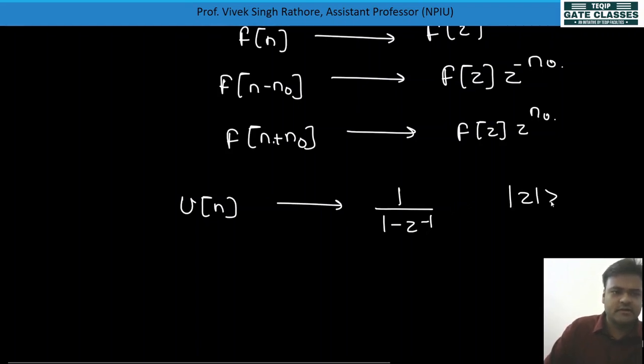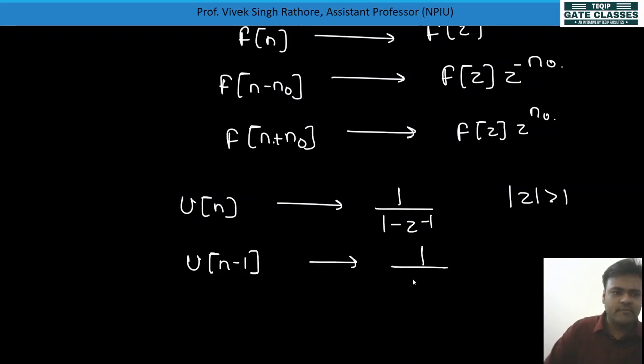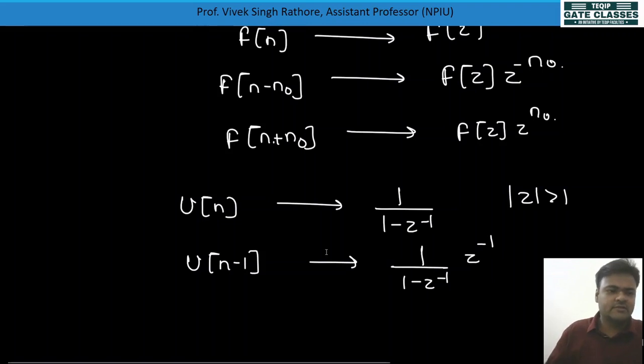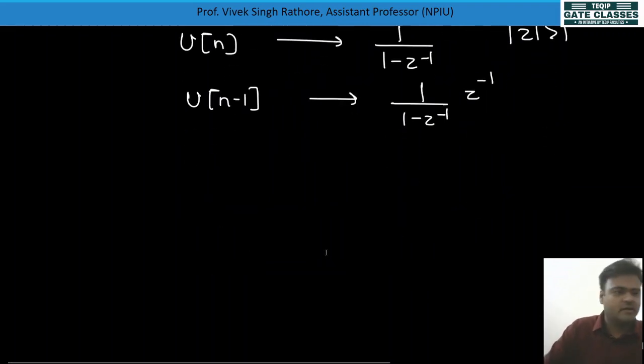And mod z is greater than 1. If you do u of n minus 1, what will you get? 1 by 1 minus z inverse, and z to the power minus 1 will be there, because here it is minus 1. So like this it can happen, no problem.